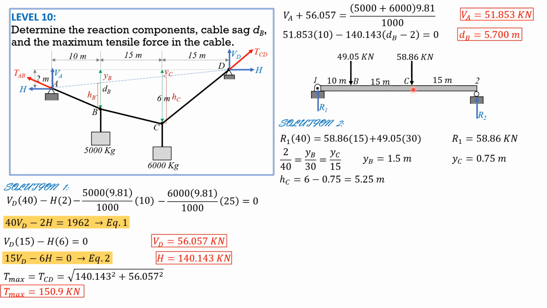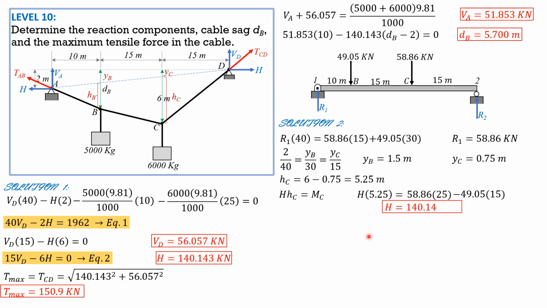So H times H sub C equals moment about point C on the beam. H is unknown yet for the second solution, times H sub C, which is 5.25, equals R1, 58.86 times 25 minus 49.05 times 15. So that's the moment at point C considering forces to the left.